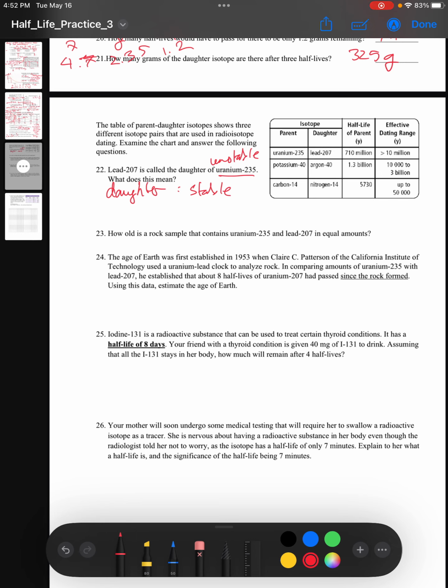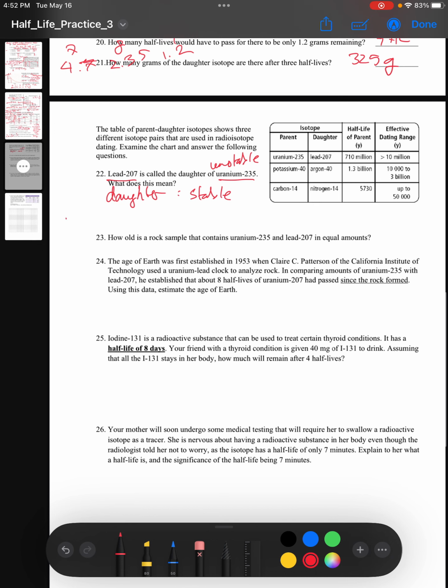So it decays into lead-207. Let's write that down. Uranium-235 is radioactive. It decays into lead-207.